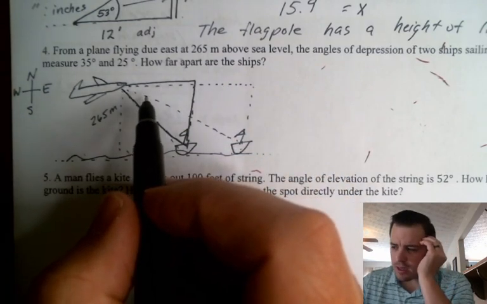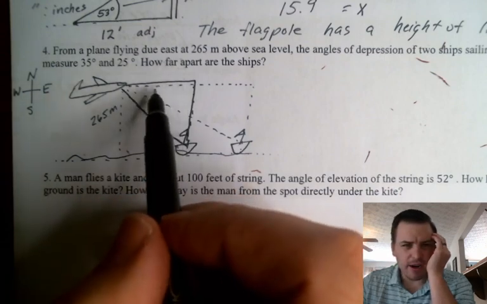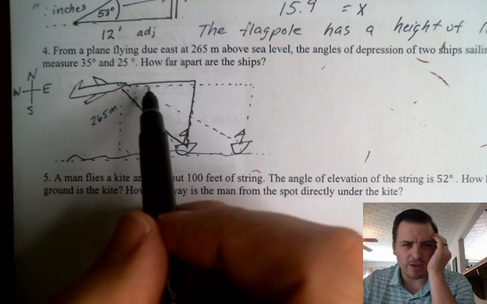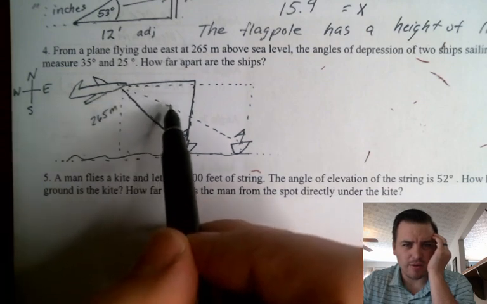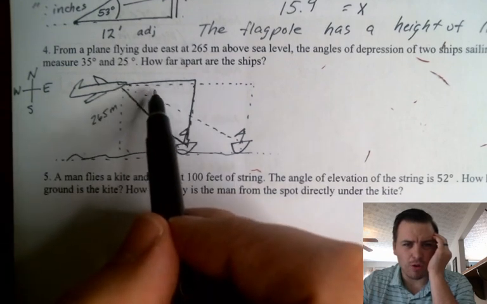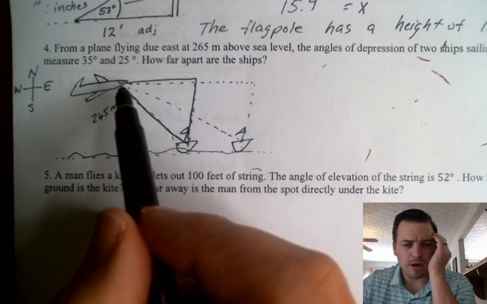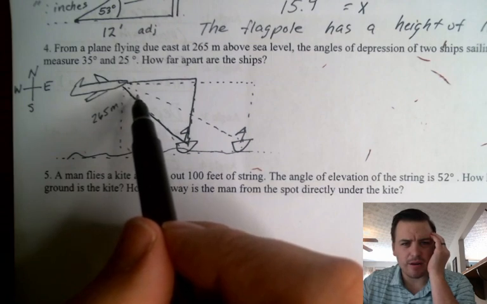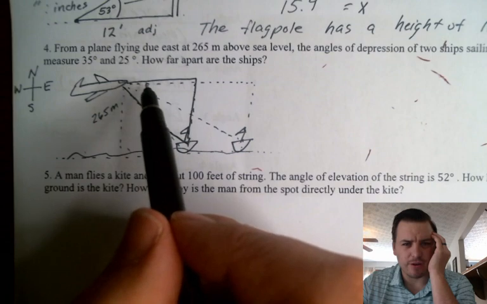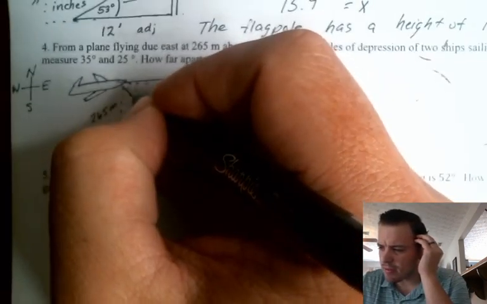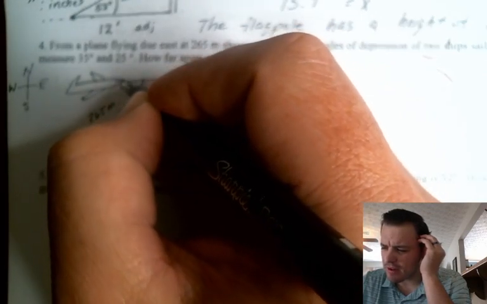The larger degree, so think about a triangle, this angle right here would be smaller than this angle. This angle's getting bigger, right? So this angle right here would be our 35 degree one. So this angle from there to there would be our 35 degrees.